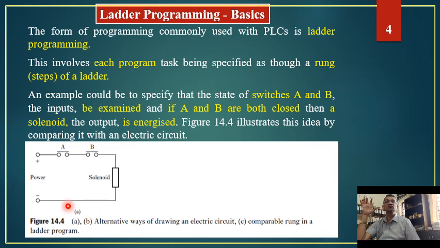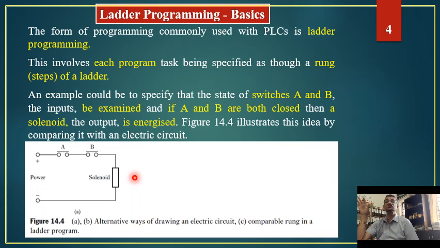A series circuit is the one which has only one path for the flow of current. Taking the conventional path, the current starts from the positive terminal and has to reach the negative terminal. In order to do that, first it has to move through switch A, then through switch B, then through the solenoid, and then it reaches the minus terminal. Then we say that the circuit is complete.